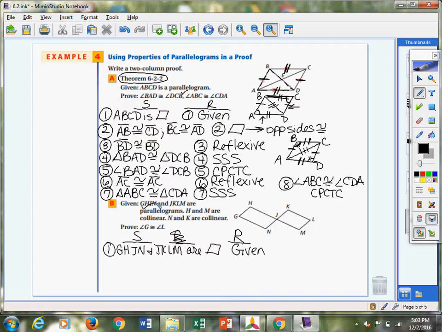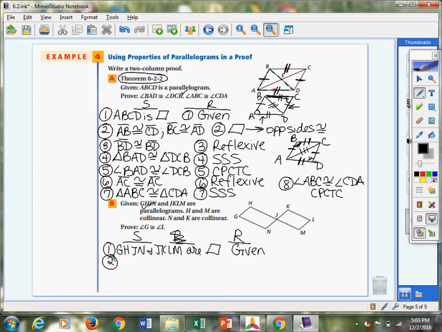Now, we're trying to prove that ultimately angles G and L are congruent to each other. So that's fine. We can do that. Let me get you structured here as far as where to go. What do we know is true about angles? We learned two theorems about the angles of parallelograms.